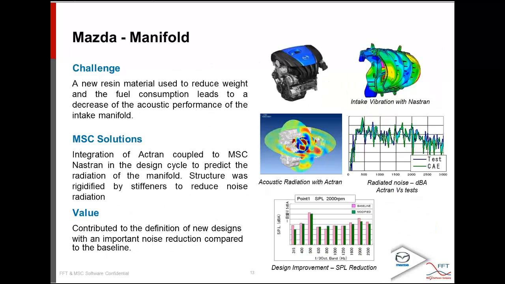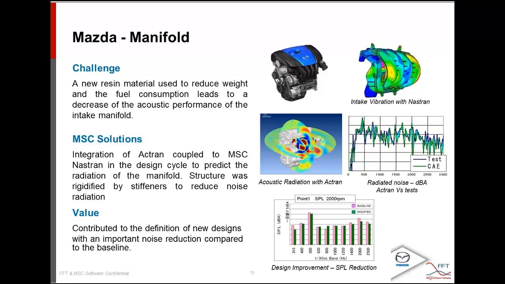So let's see now an industrial example. The first one comes from Mazda. It's a manifold. So the challenge of Mazda was to reduce both the weight and the noise of the manifold. And in fact, a new resin material allowed Mazda engineers to reduce the weight, but it decreased acoustic performances.